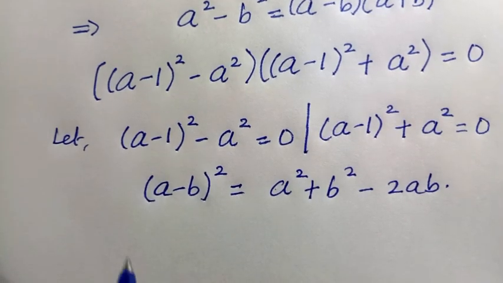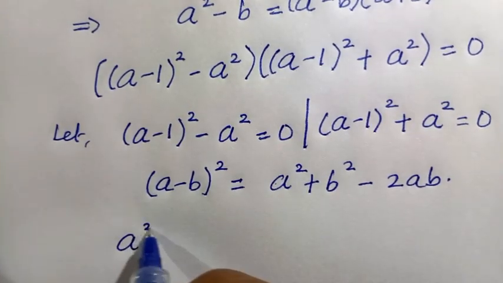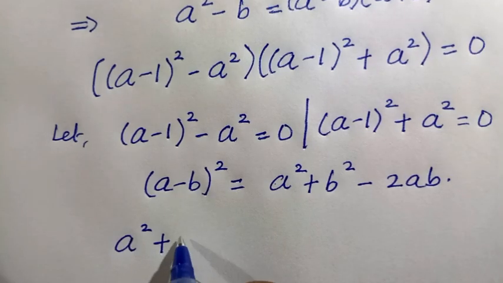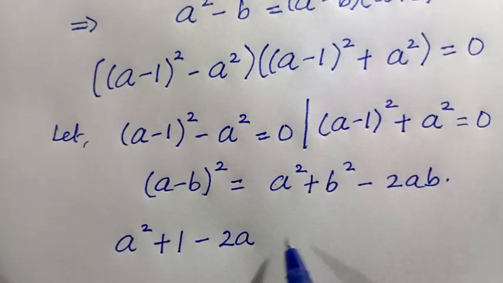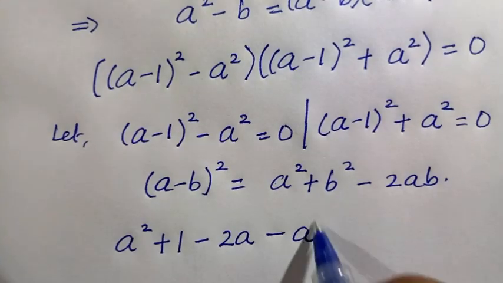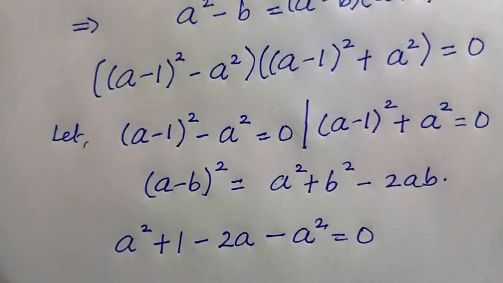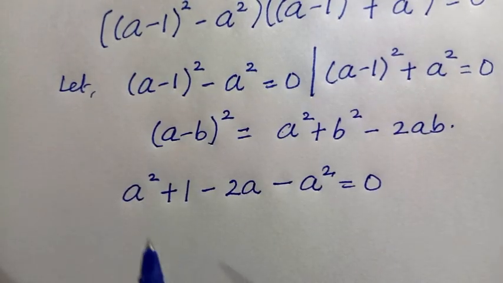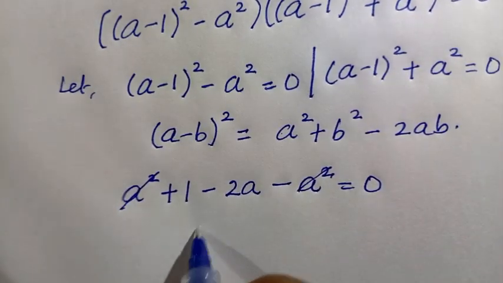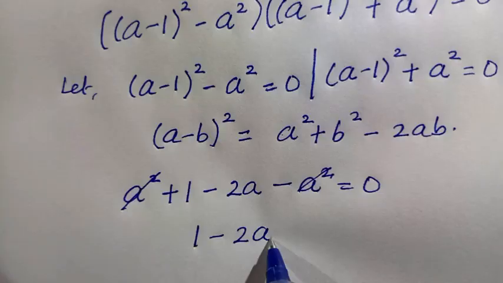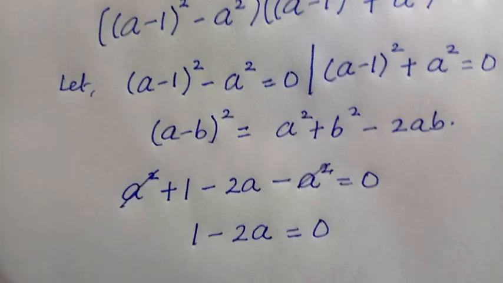Then we write this as a squared plus 1 minus 2a, so minus a squared equals 0. So we have a squared minus a squared cancelled, and here is 1 minus 2a equals 0.